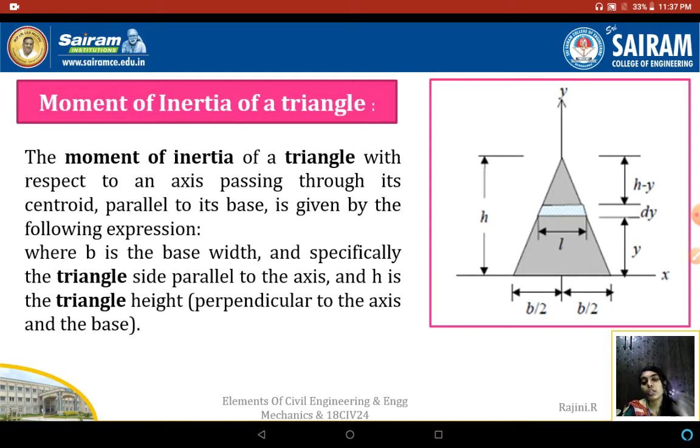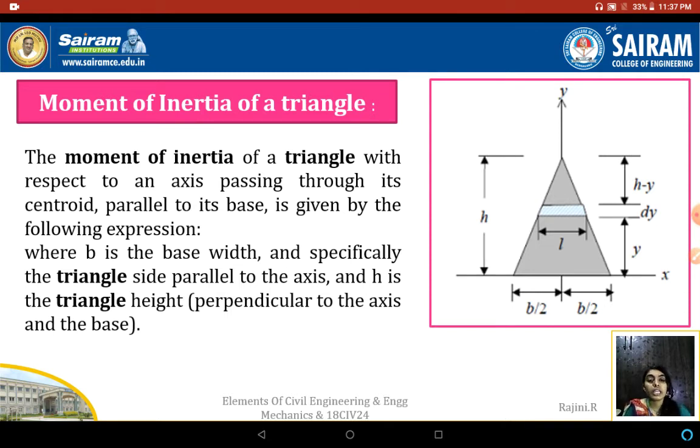The moment of inertia of a triangle with respect to an axis passing through its centroid parallel to its base is given by the following expression, where b is the base width, the triangle side parallel to the axis, and h is the triangle height, perpendicular to the axis and the base.